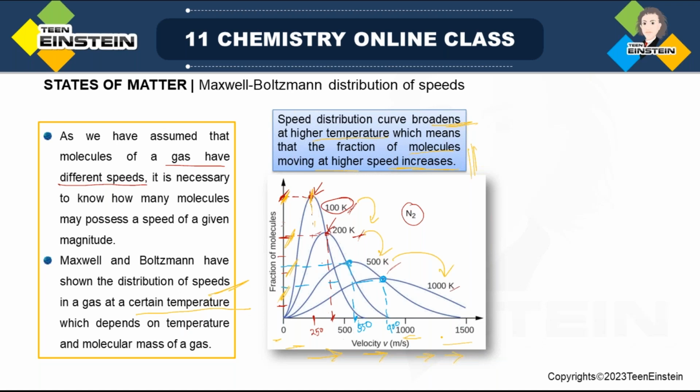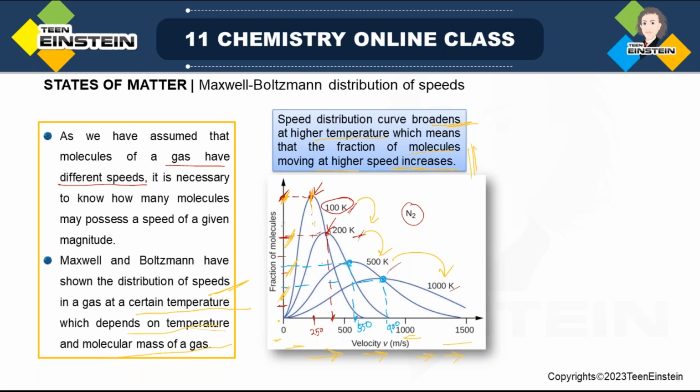Because you can see here, when you are increasing the temperature, the nature of the curve is also changing. So only at a certain temperature can you show the distribution of speed in a gas for all the molecules, because it depends on temperature. And not only temperature, it also depends on the molecular mass of the gas.